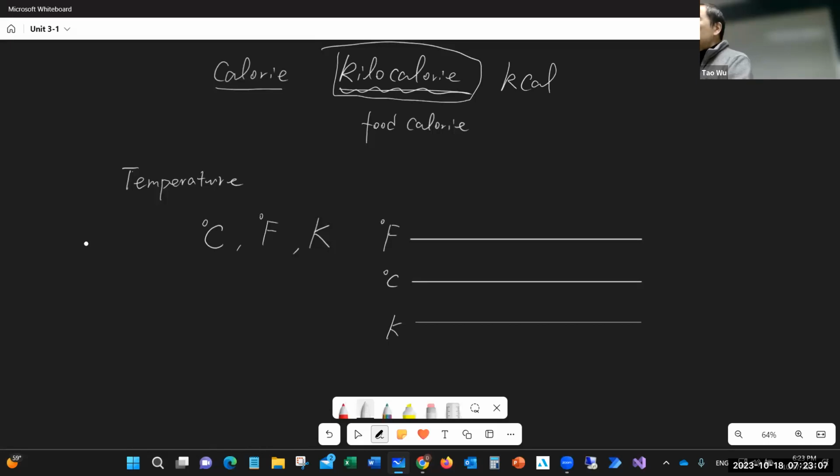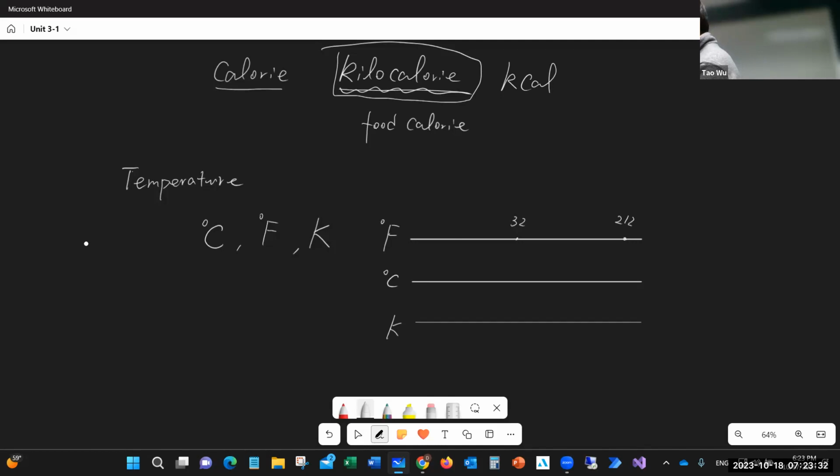For the freezing point of ice, what is the Fahrenheit? 32, I think, right? That's 32 Fahrenheit. How about the boiling point of water? 212, right?